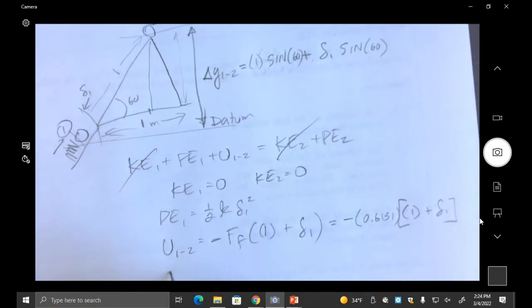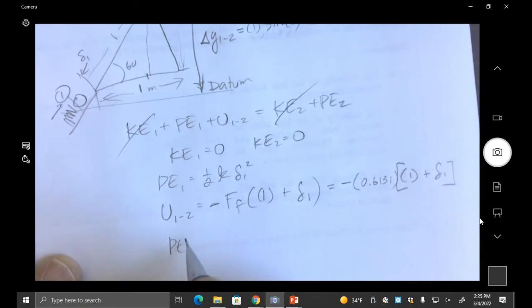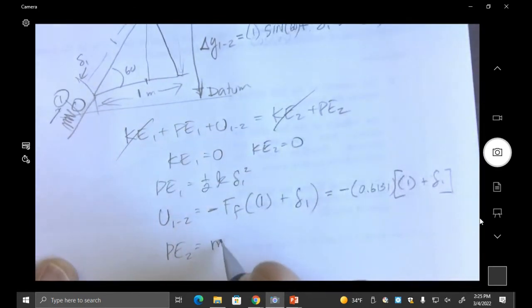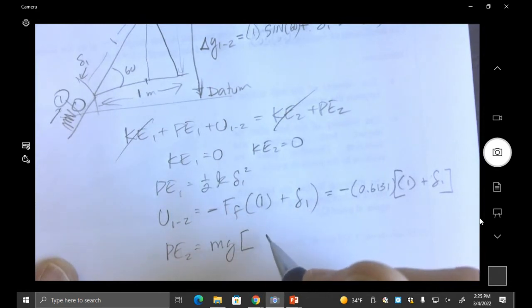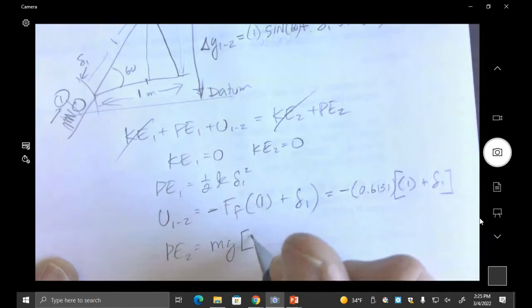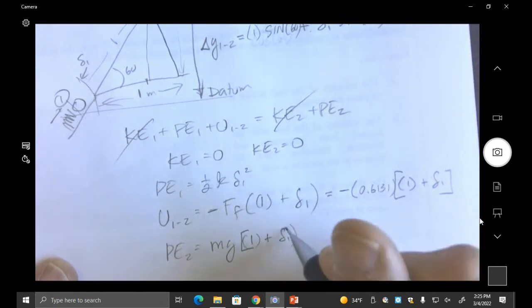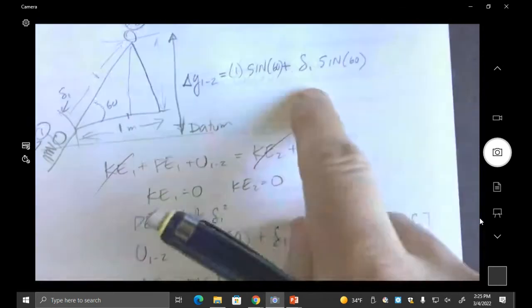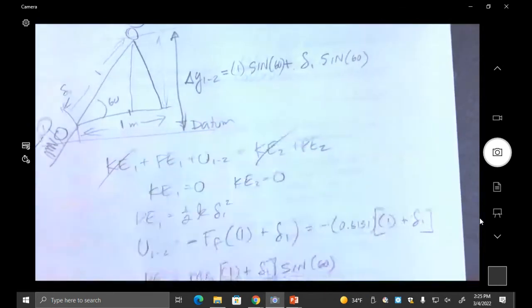And then PE2, just as I've put it onto there, is going to be the mg times, actually we just say 1 plus del 1 times the sine of 60, right? Because that's what we essentially have right up above. Right?